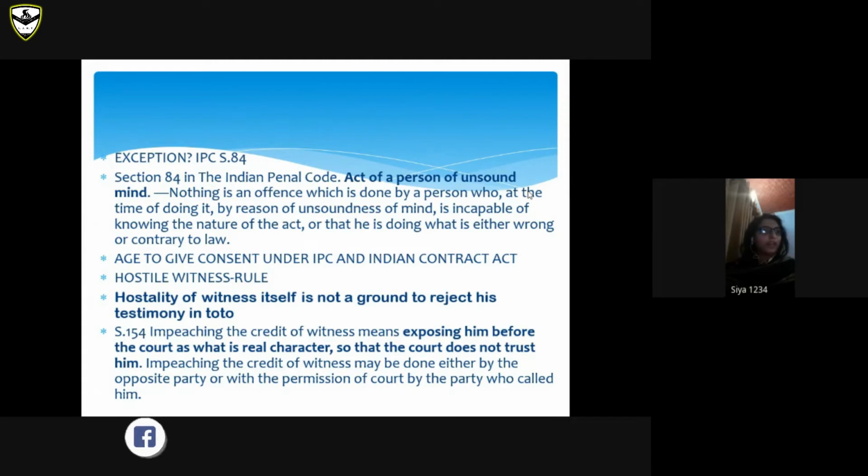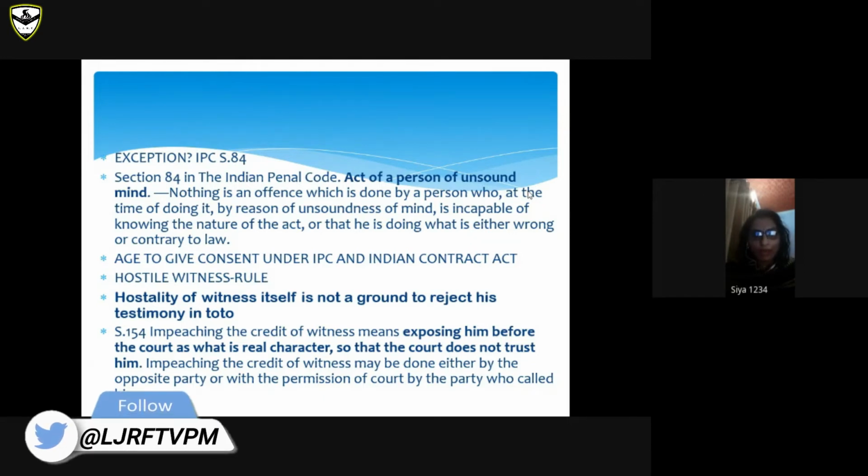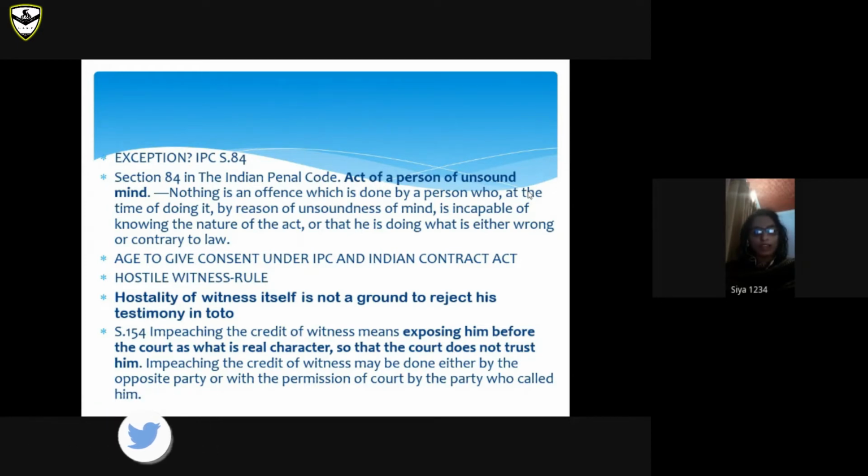Okay. And the next one is age to give consent. Have you ever felt that the age to give consent under civil laws and criminal laws has any kind of disparity?